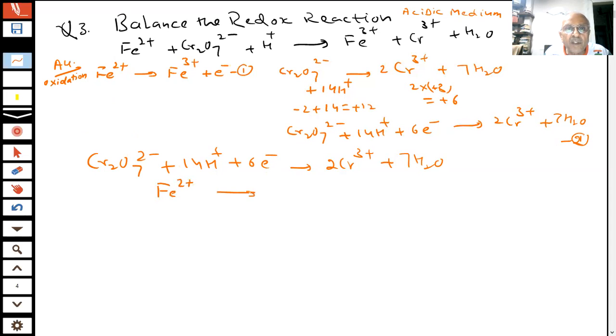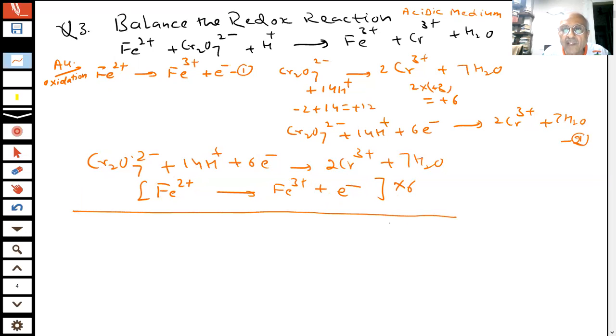Fe2+ gives me Fe3+ plus 1 electron. Now, how will we balance the electrons, student? Here there are 6 electrons, there is 1 electron. So what will you multiply? By 6.